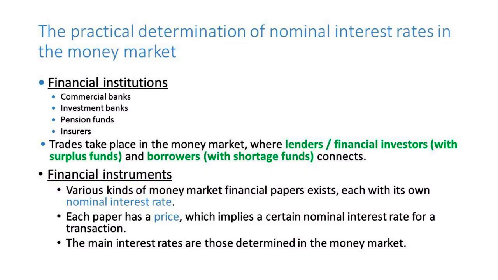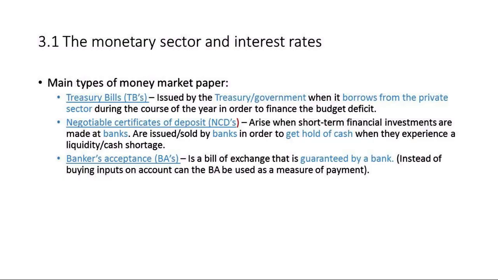Now, these rates are determined in the money market. The kinds of financial paper, specifically in the money market, are so-called treasury bills, NCDs, or bankers' acceptances, the BAs. You can read more about them in the textbook, but to briefly explain, if the government or the treasury wants to borrow money, they sell these treasury bills to people who have a surplus of money who want to invest it.